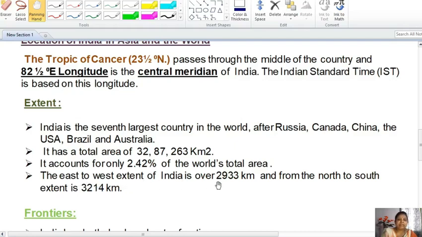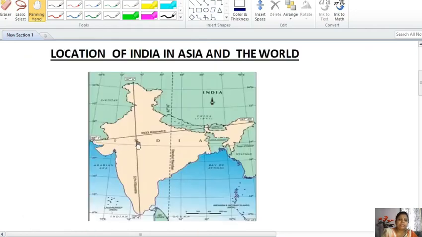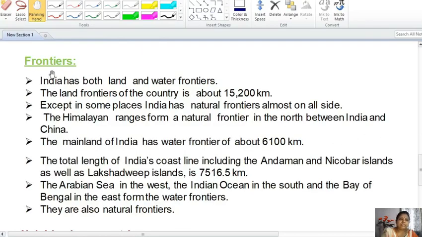The extent of India is over 2,933 kilometers, and from north to south the extension is 3,214 kilometers. This is the extension of India from north to south and from east to west, and the total land area is 32,87,263 square kilometers.